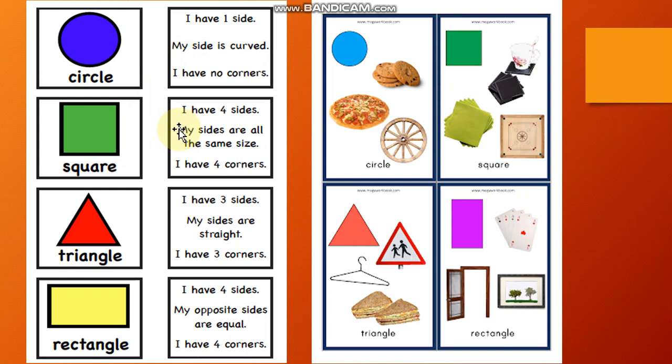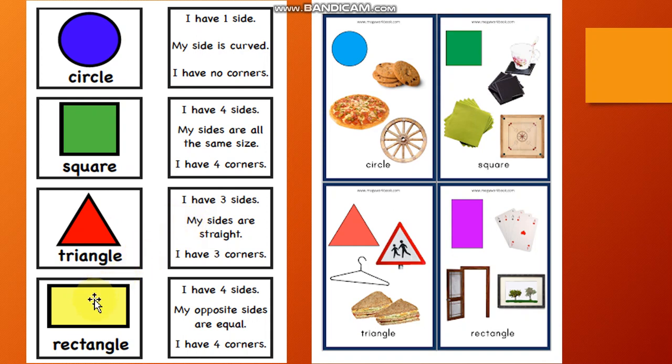My sides are all the same size. I have four corners. The triangle is saying, I have three sides. My sides are straight. I have three corners.